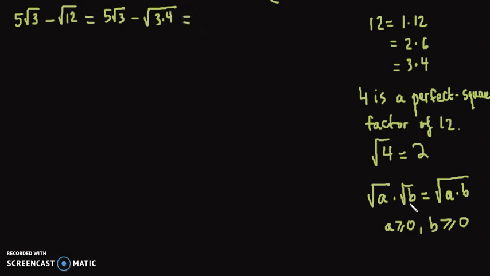and apply this property. You would have 5 times square root of 3 minus square root of 3 times square root of 4, and you have 5 times square root of 3 minus square root of 4 is 2 multiplied by square root of 3.